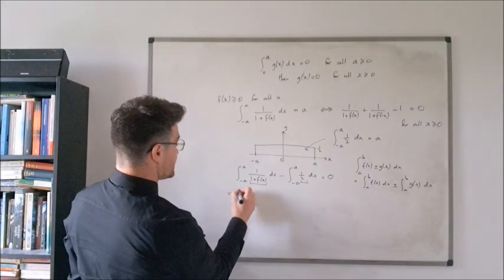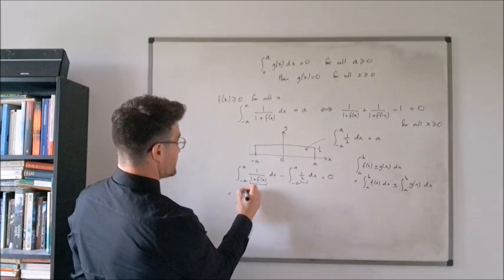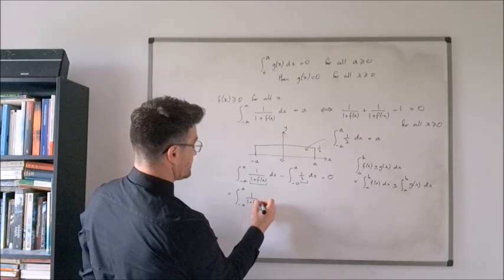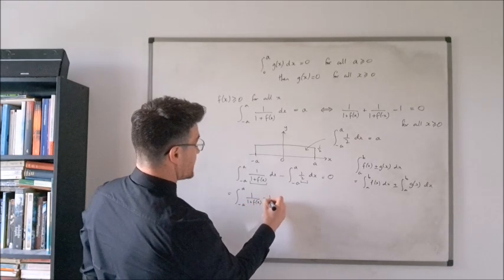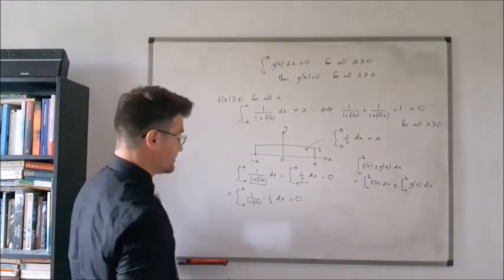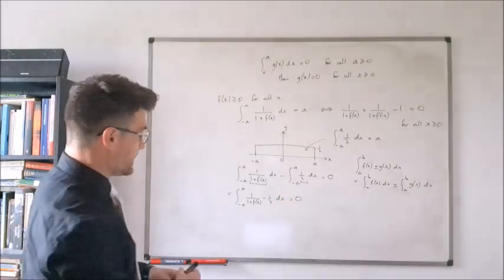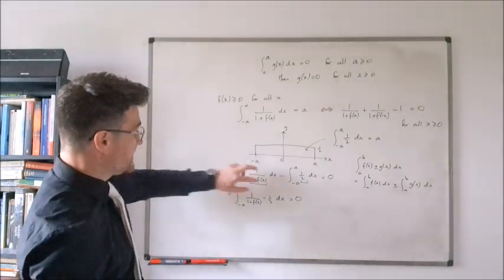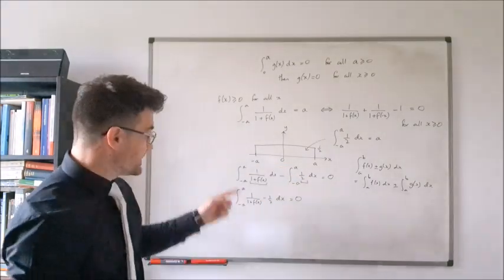So this is equal to the integral from minus a to a of 1 over 1 plus f of x minus a half dx, and this must be equal to 0. I've combined these two integrals because the limits are the same.